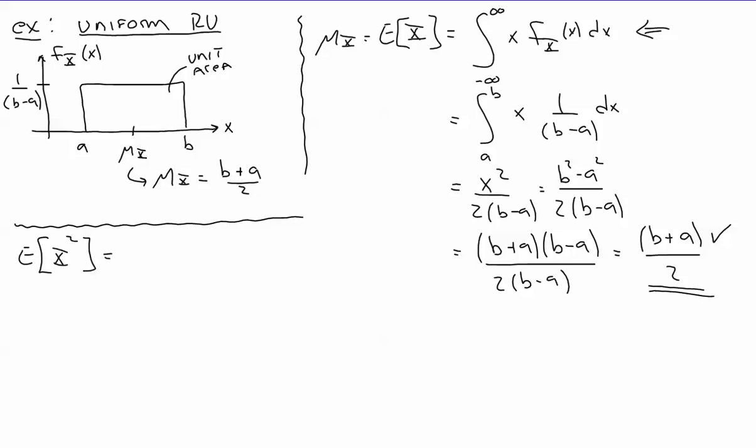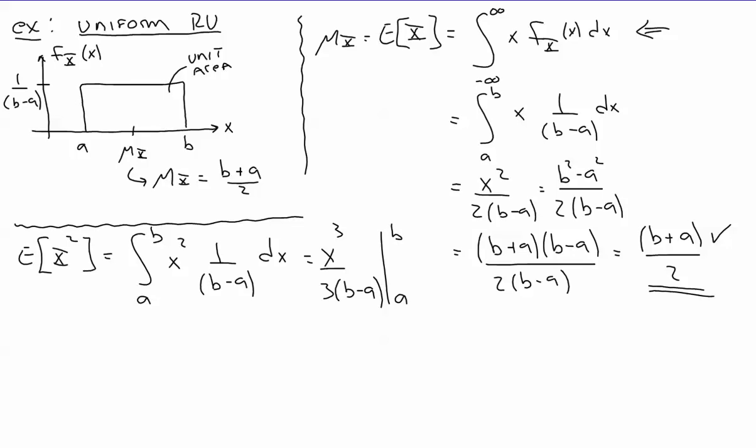The second moment is going to be the integral from a to b of x squared times 1 over (b minus a) dx. This equals x cubed over 3(b minus a), evaluated from a to b.